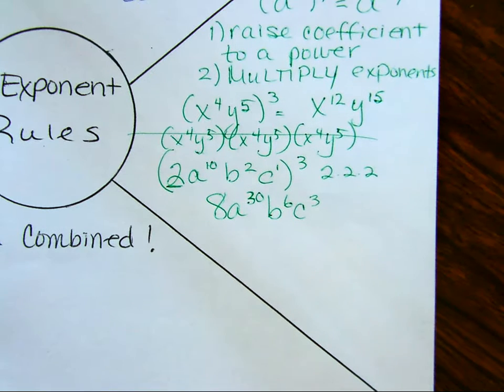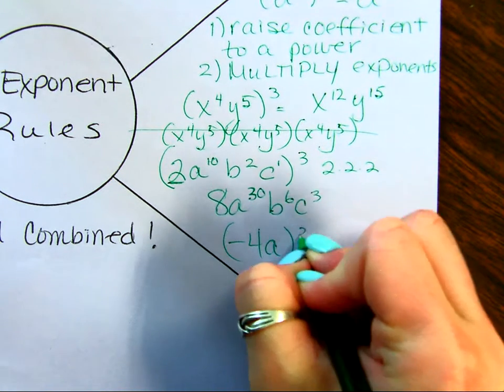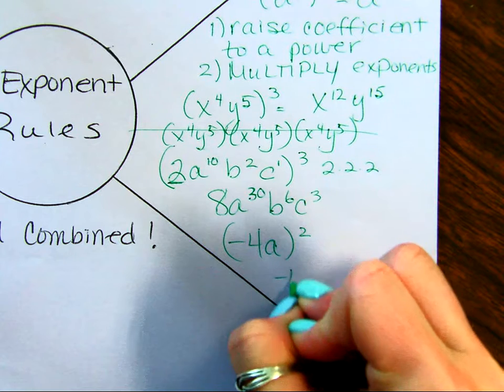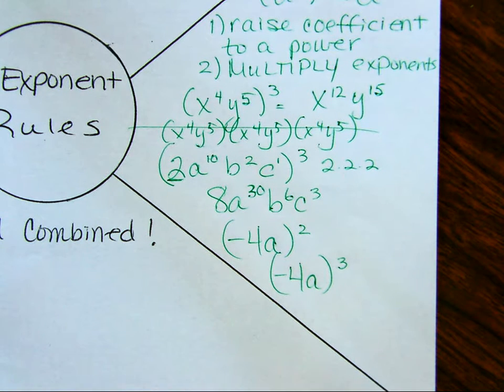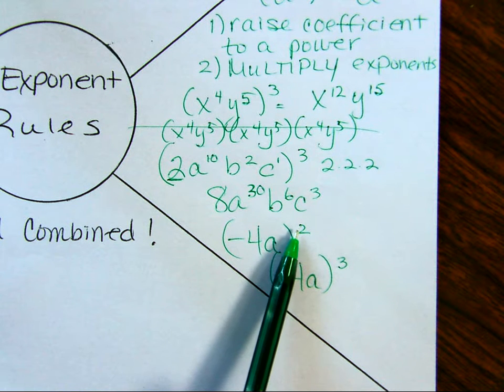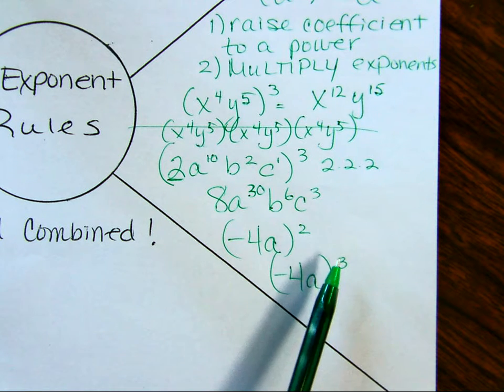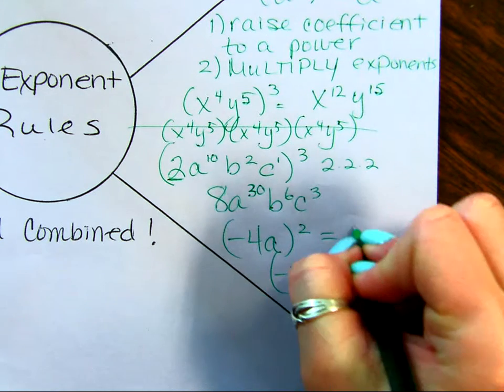And then we need to remember what to do with the whole even-odd thing. So if I have negative 4a to the second power versus negative 4a to the third power, when your coefficient is negative, you're going to have a different sign depending on if it was even or odd. Here, each 4 has a partner. Negative 4 times negative 4 is positive 16.